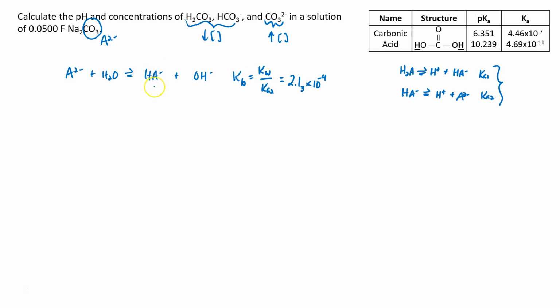Now, we've got to think about what HA- does in solution. Yes, it can accept a proton from water in a Kb reaction, but should we worry about it? And the answer is no. We can ignore the Kb reaction of HA- because this Kb is going to be small.